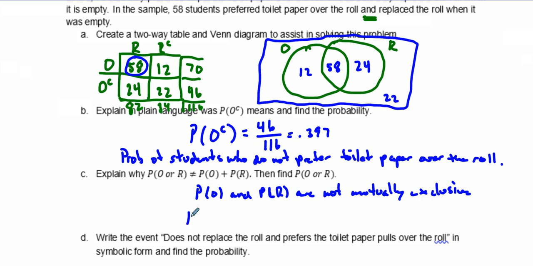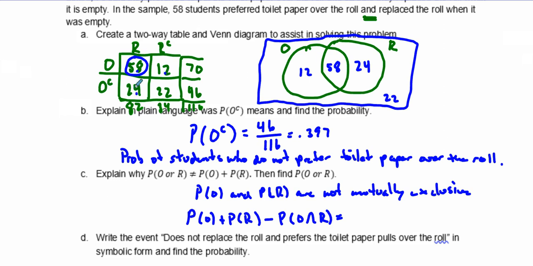So we actually have to take the probability of O plus the probability of R, but we have to subtract the probability of O and R.